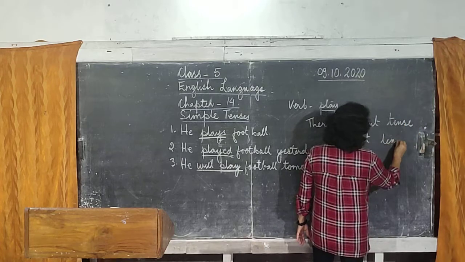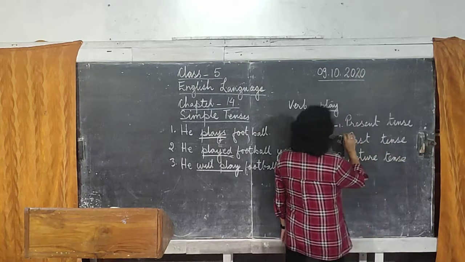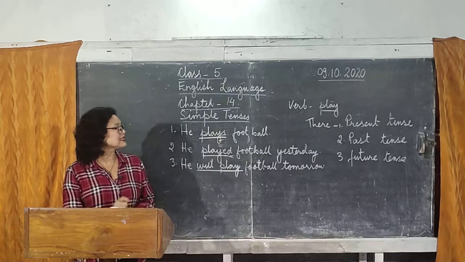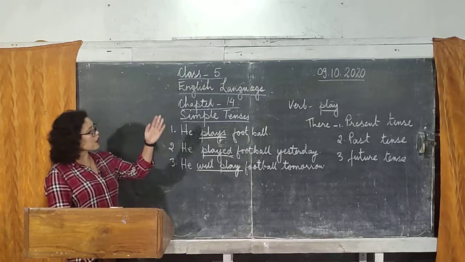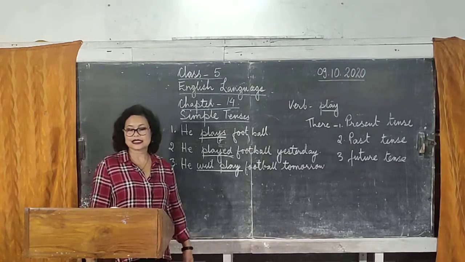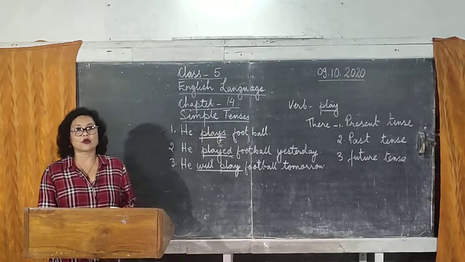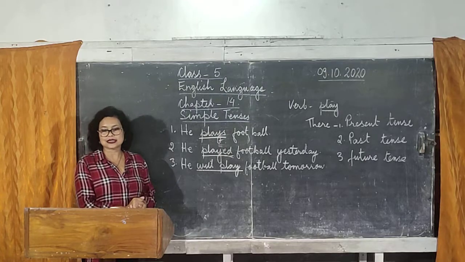Past tense and future tense. They are called simple. These are only simple, children. Simple present tense, simple past tense and simple future tense. So what does simple present tense mean, or how do we use it when we speak, when we write? How do we use this simple present tense?